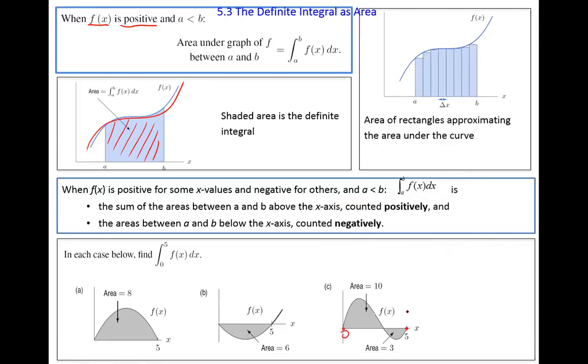0 and 5. Okay? We will still think in terms of areas, but I think I didn't type the proper way to say that the definite integral is the same thing. The definite integral is still the area, but we will call it the net area.